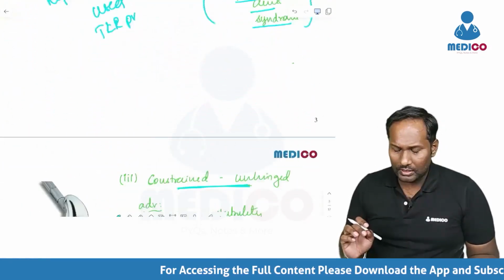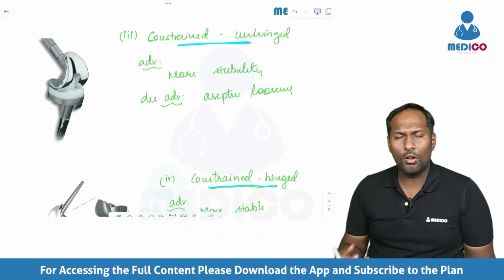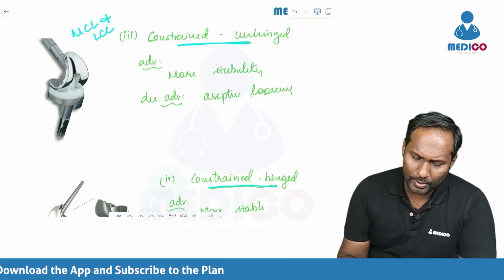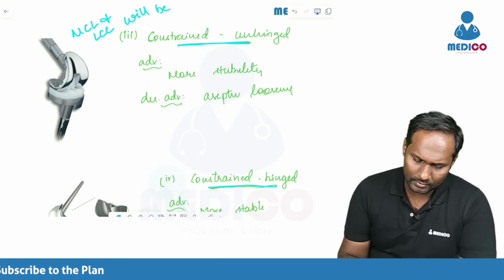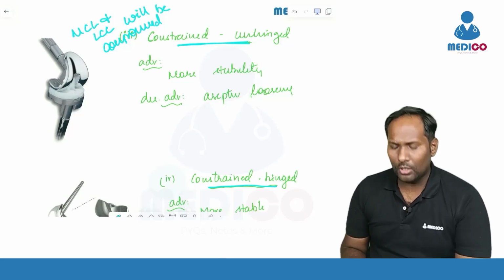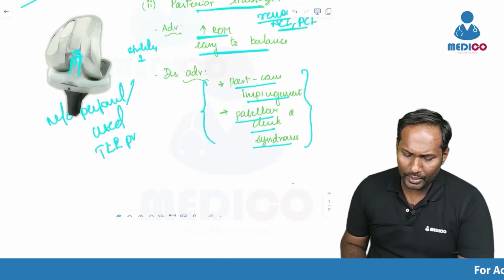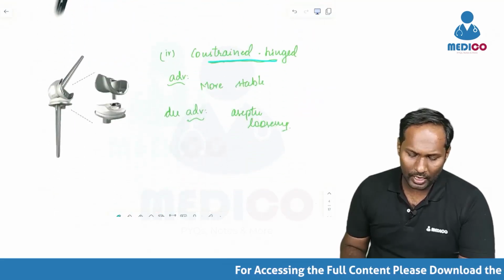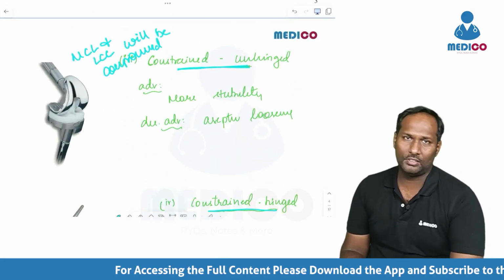We might encounter certain situations where, not by us, the MCL and the LCL are compromised. In those cases, you cannot usually get away with a PS or a cruciate retaining knee. You will have to put a constraint prosthesis.